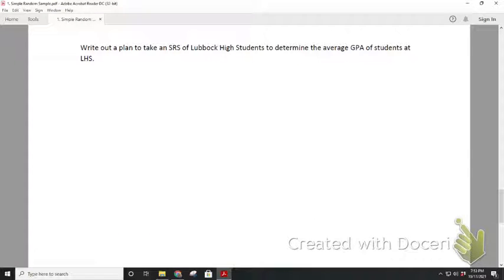So let me add to this. We're going to take a sample of Lubbock High students, and we're going to assume there are 2,000 total students. Imagine I typed this. 2,000 total students at LHS, and I think it was 7th period.